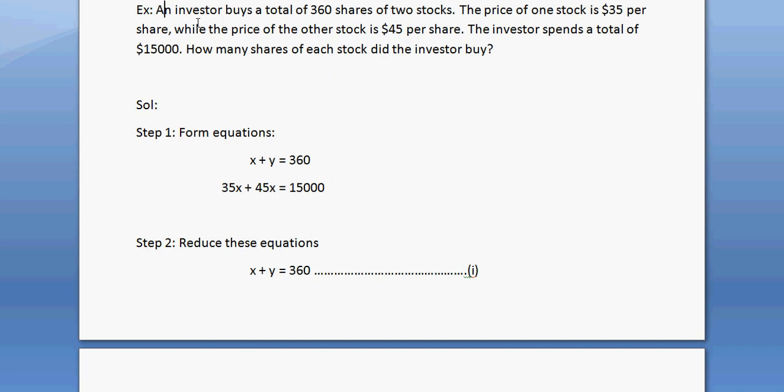So there are 2 stocks. Let's say the number of shares he buys of each stock is X and Y, right? So he buys X shares of the first stock and Y shares of the second stock. The price of one stock is 35 per share, while the price of the other stock is 45 per share. The investor spent a total of $15,000. How many shares of each stock did he buy?